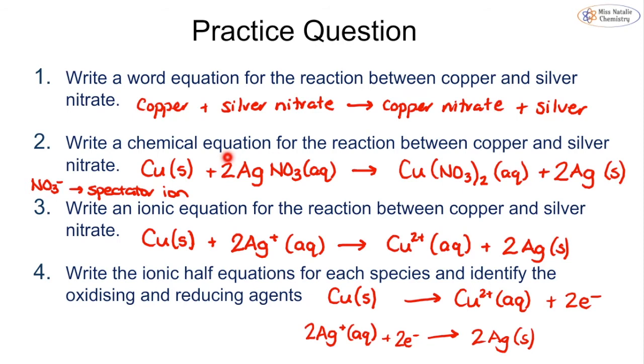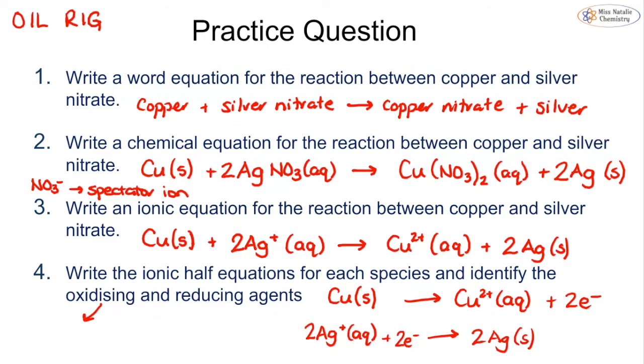So when we want to look at which one is the oxidizing agent and which one is the reducing agent, well, the oxidizing agent is the one that is going to be causing something else to be oxidized. And remember, we have OIL RIG. So the oxidizing agent is causing something to lose electrons.